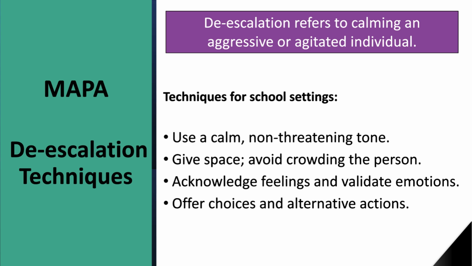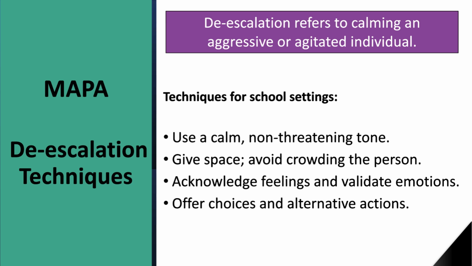Speak in a slow, calm voice, avoiding any hint of anger or frustration. This may be challenging in the moment, however, it's important to maintain self-control when de-escalating aggressive behaviours. Your tone can help the student to feel more at ease and actually help to calm the situation before it escalates.